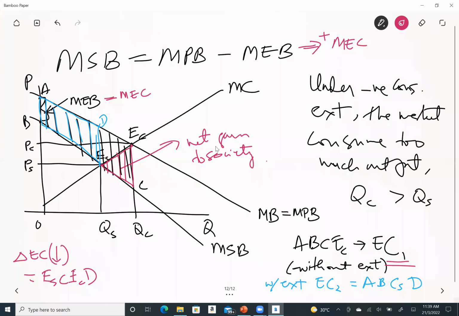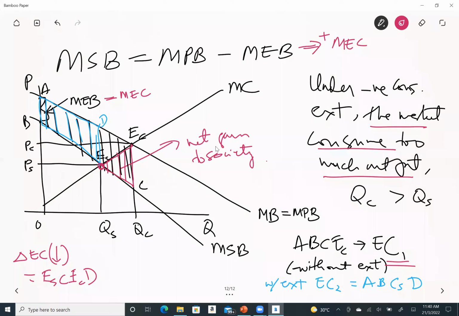All right, any question? We have the social equilibrium there. QS is smaller than QC, and PS is smaller than PC. So we say that the market consumes too much output if we don't consider the negative consumption externality.